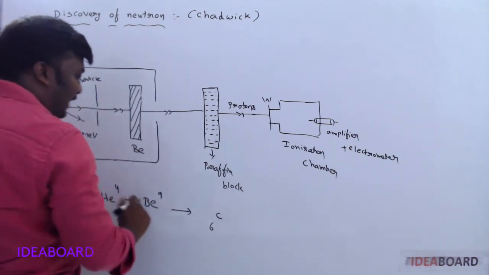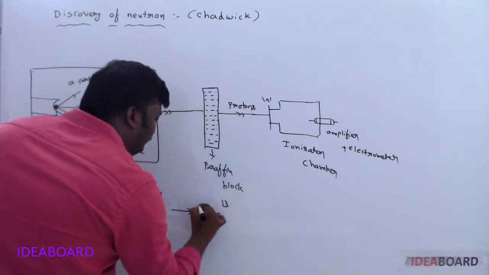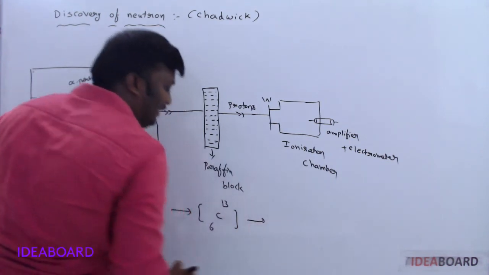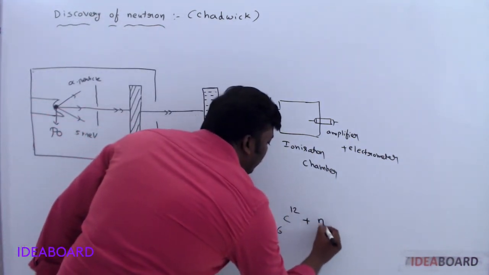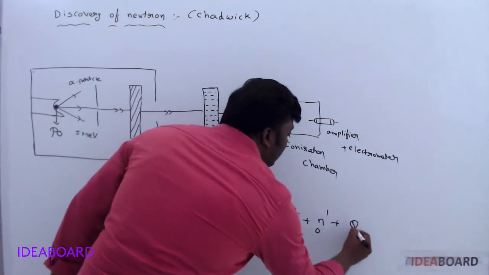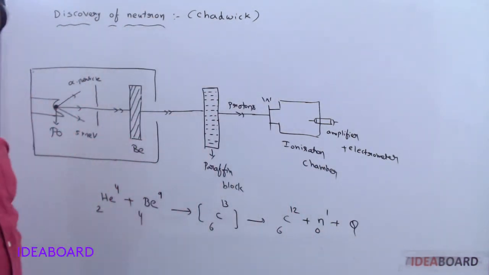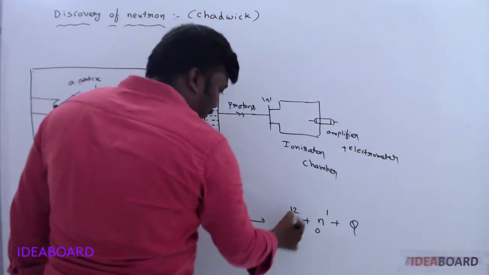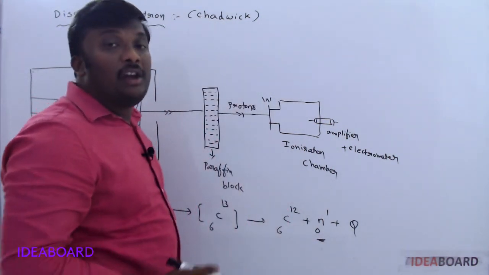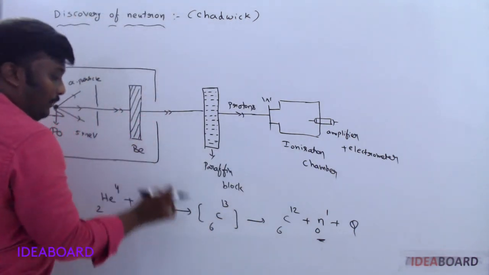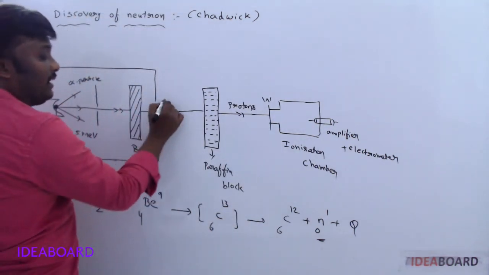So carbon 13, that is 9 plus 4. This further splits into C 12, 6 plus neutron plus a certain amount of energy. So C 12, 6 is the carbon. Here this is neutron, n 1, 0. What is n 1, 0? Neutron.